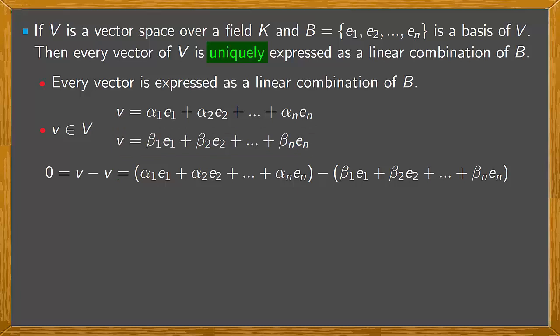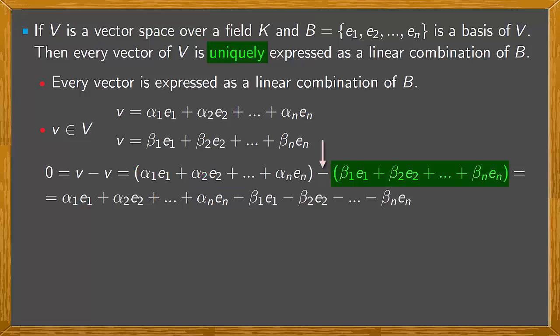Now we remove the parentheses so that in the second expression we change the sign of each of the terms. So we have alpha 1 E1 plus alpha 2 E2 plus all the way up to alpha n En minus beta 1 E1 minus beta 2 E2 minus all the way up to beta n En.